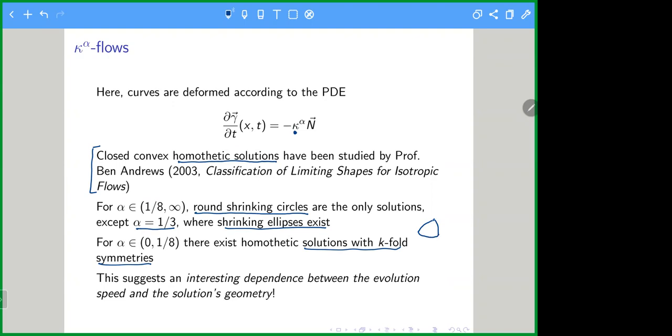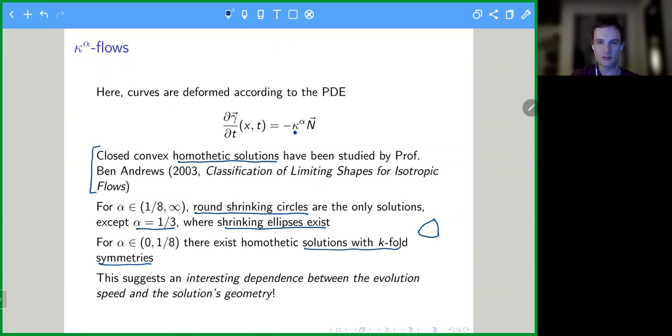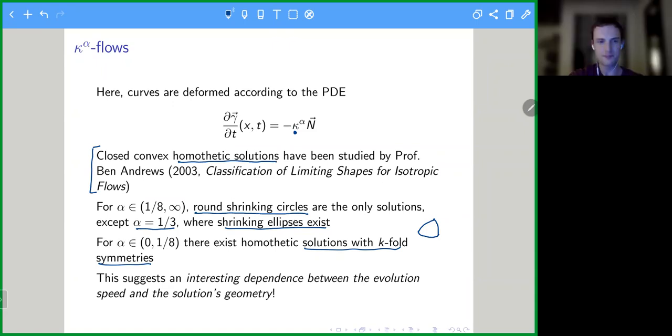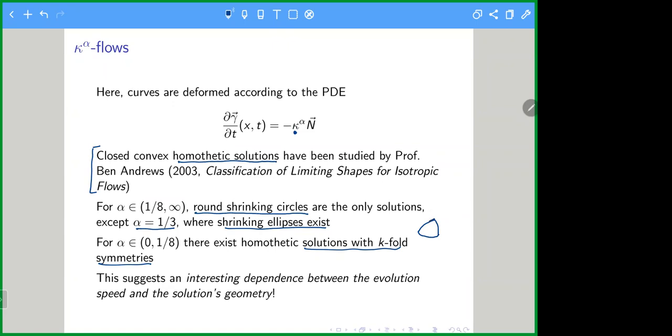Of course, they have smoother looking corners, but you have objects like this, which evolve by just homothetic shrinking. So this seems to suggest, are these solutions actually smooth? Yes, they are. Okay. Sorry, the way I drew it was like this.